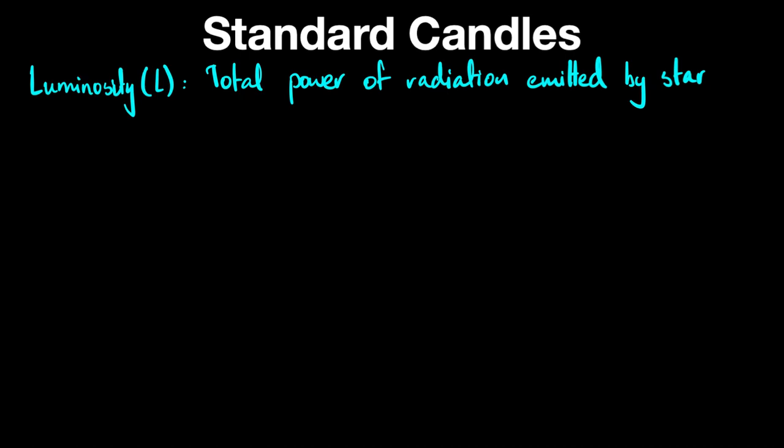And then we also talked about the radiant flux intensity, which is also called apparent brightness. This is a measure of the brightness that we see on Earth of any star, no matter what its distance is from us.